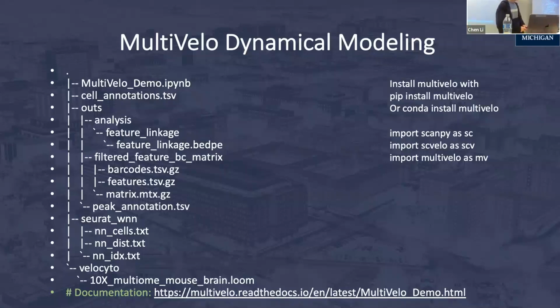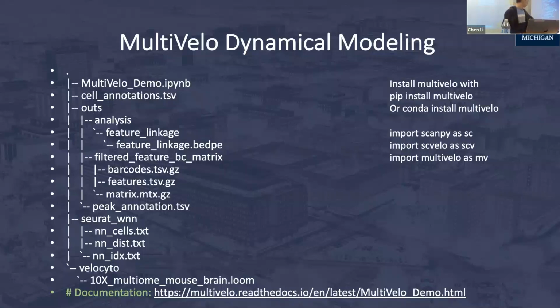In this approach, for RNA, we use a similar approach as scVelo that finds a KNN matrix using only RNA. But for ATAC-seq, we instead use the Seurat weighted nearest neighbor approach. This considers not only the RNA but also the ATAC-seq.